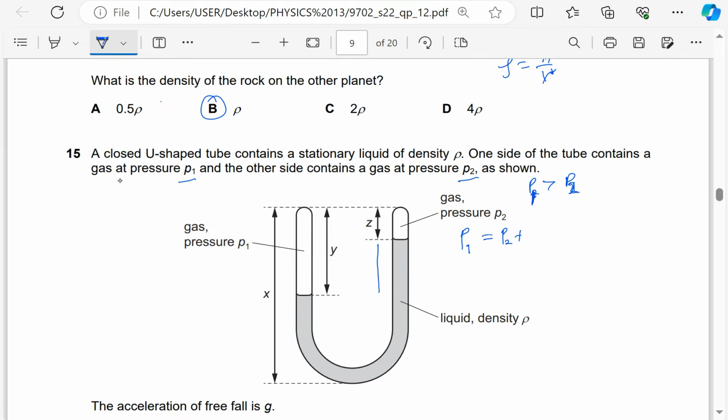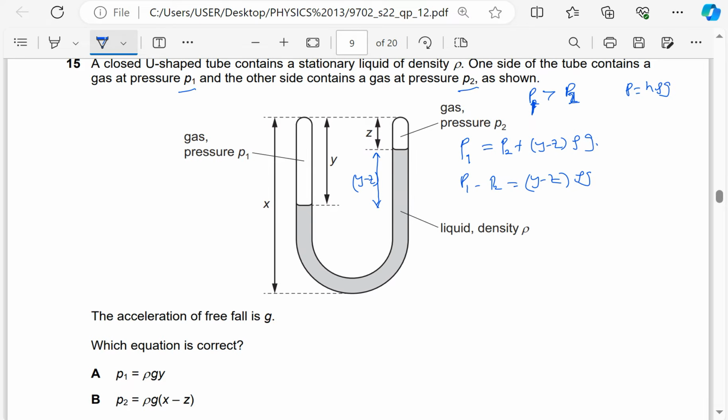This height here is going to be Y minus Z. Remember, pressure due to a liquid is h times density times g. So it is going to be Y minus Z times density times g. So that is P1, which means P1 minus P2 is going to be Y minus Z times density times g.